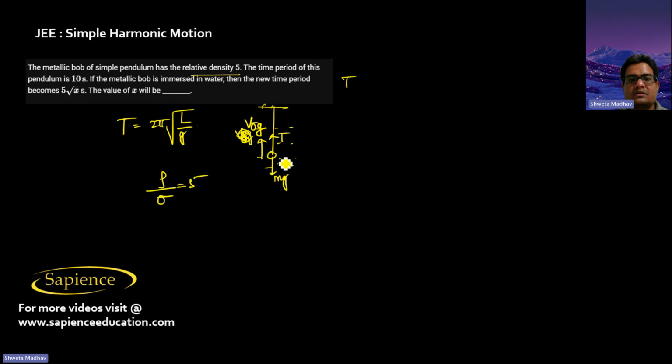Sigma is the density of water, so rho is equal to 5 sigma. Rho is the density of the metallic ball. So therefore, I will say that tension is equal to mg minus V sigma g.